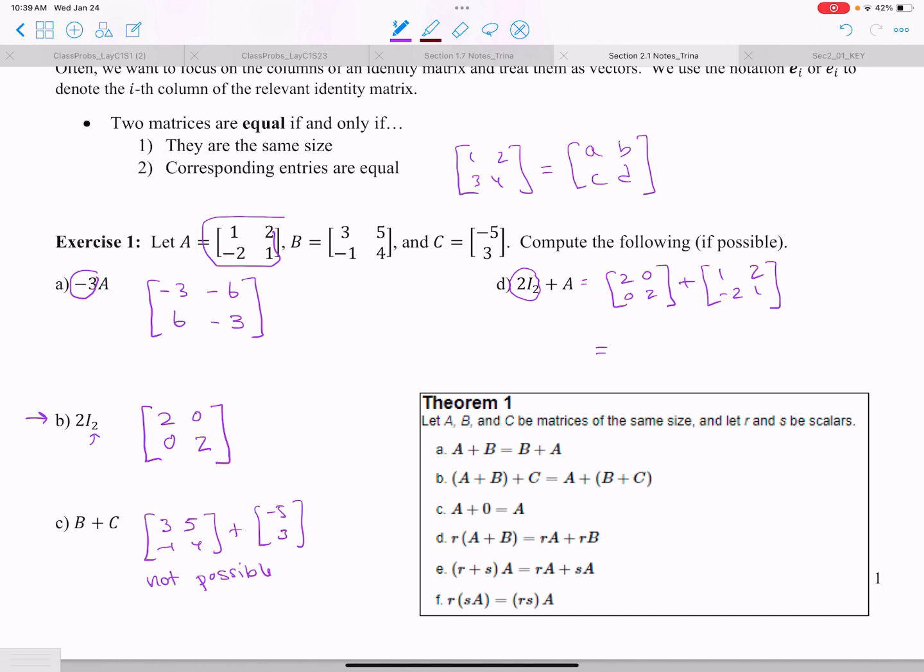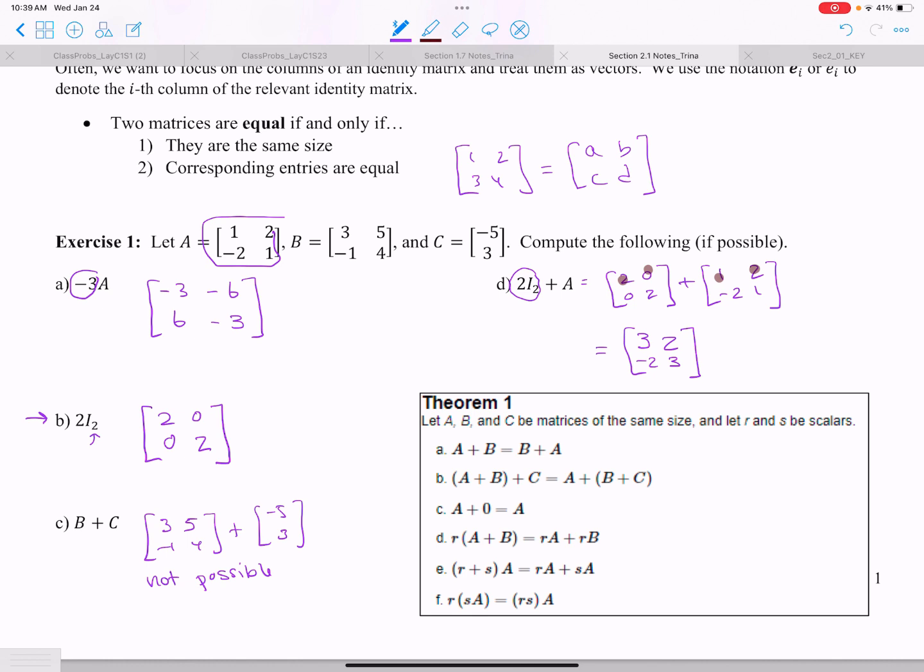And to add, we're adding the corresponding pieces. So 2 and 1 gives me 3. 0 and 2 gives me 2. And I have negative 2 and 3.